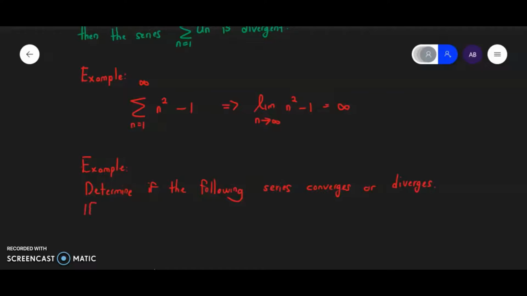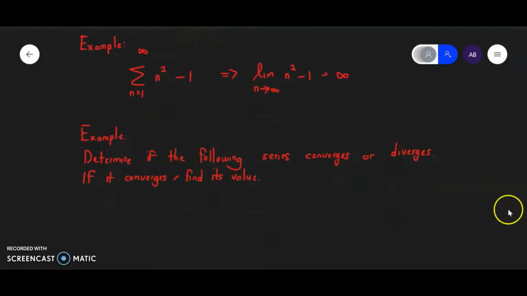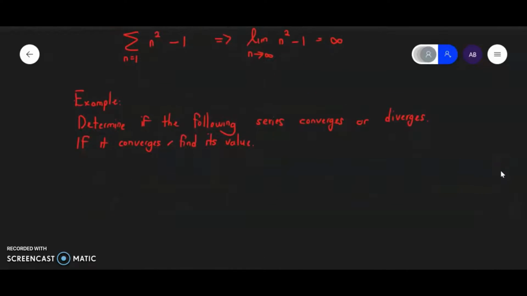If it converges, find its value. The question is given for this series, n equals 0, oh, n equals 0, that's interesting, 1 over n squared plus 3n plus 2. So this is the series given here.